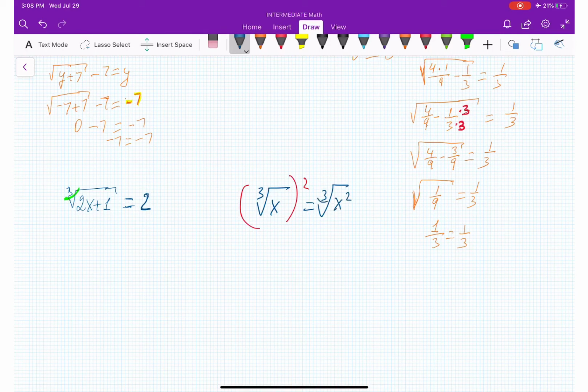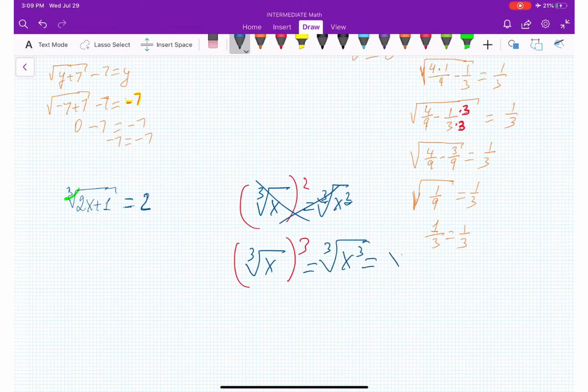I need to have 3 here also, so 3 divided by 3 is 1. Therefore, if I have cubic radical x, I have to raise to power 3. So this way I will have cubic radical x to power 3, and that will be x because 3 divided by 3. Okay? All right.